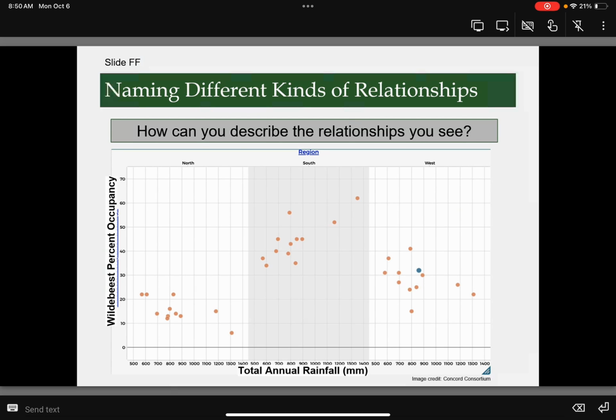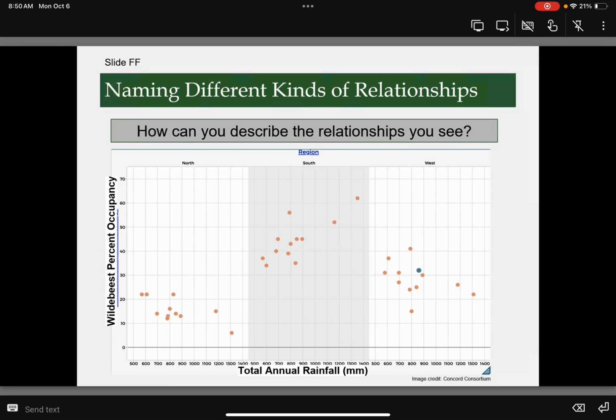So what can we say about the north? What patterns do we see? Negative pattern, isn't it? Because if we do a best fit line, it would look something like that.